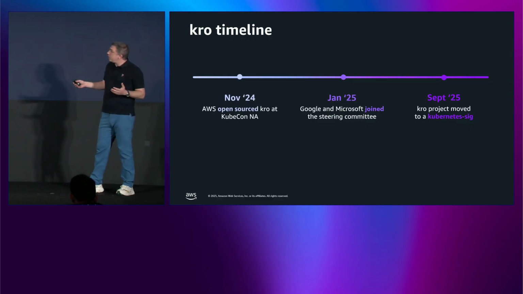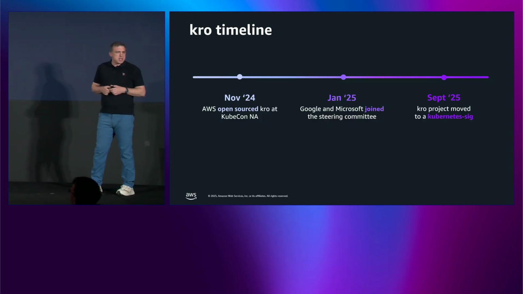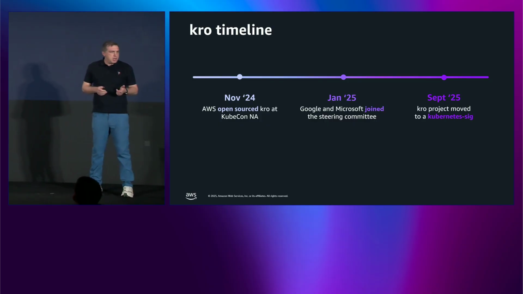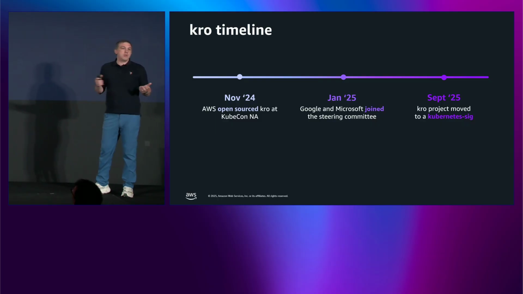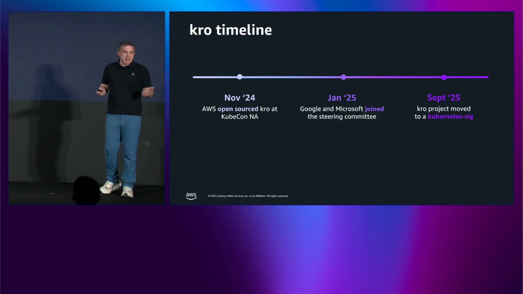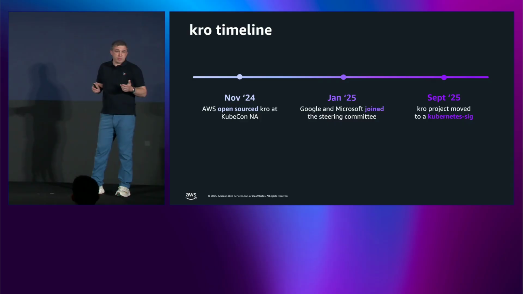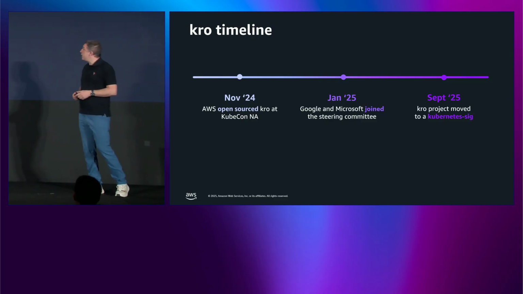A short timeline: AWS open sourced Crow in November 2024 at the KubeCon conference, and shortly after, in 2 months, Google and Microsoft joined the project and became part of the steering committee and maintainers. And honestly, I think this is the first open source project where all three major cloud providers became involved from this early, from the beginning of the project.